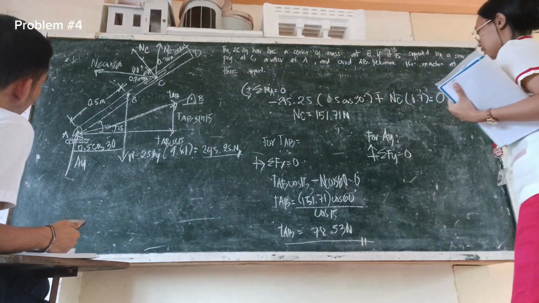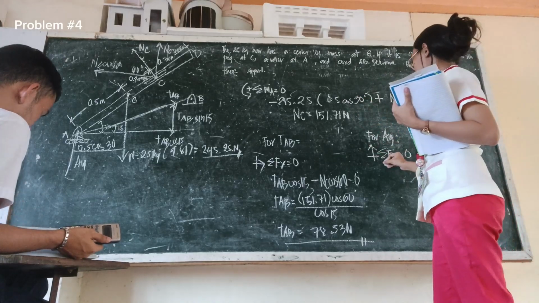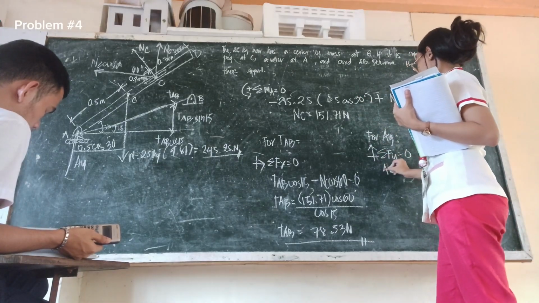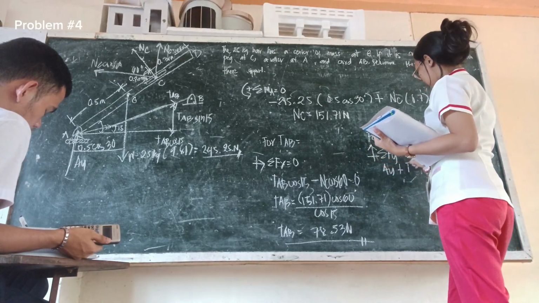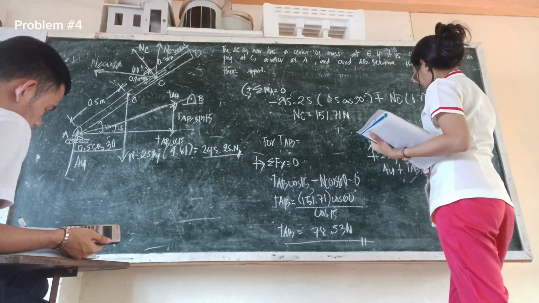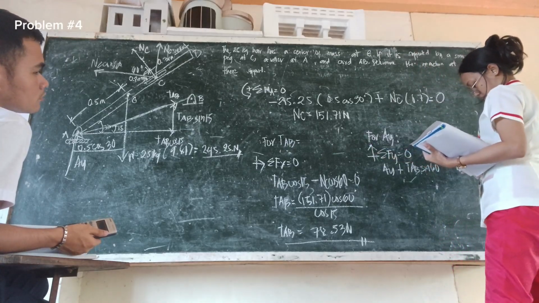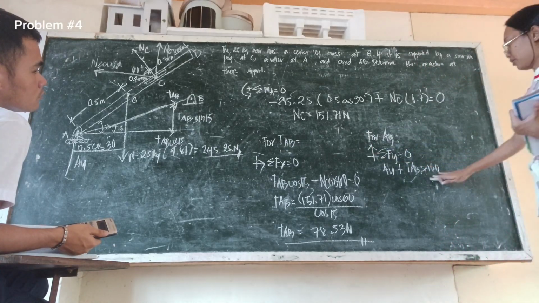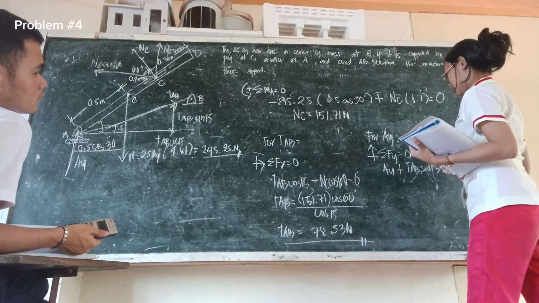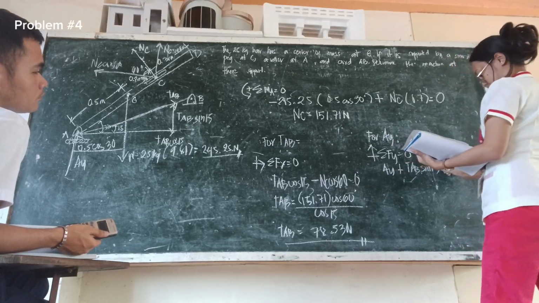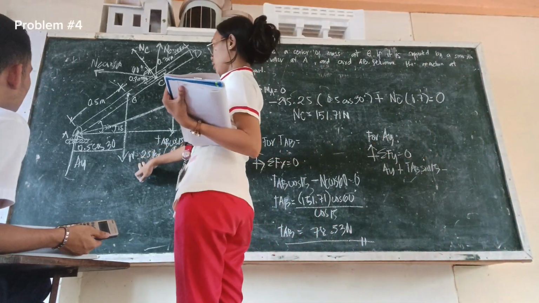So it is going to the upward direction, so it's positive. So AY plus TAB sine 15, sorry, TAB sine 15 minus the weight at the center.